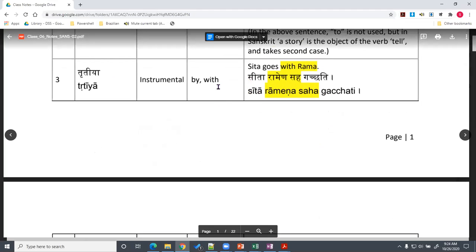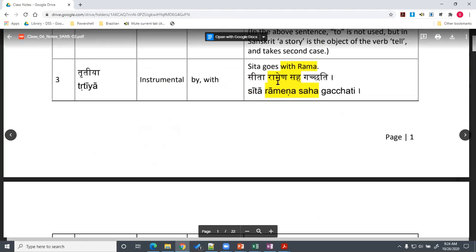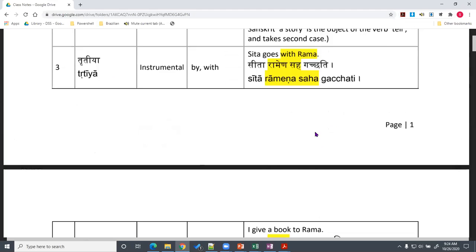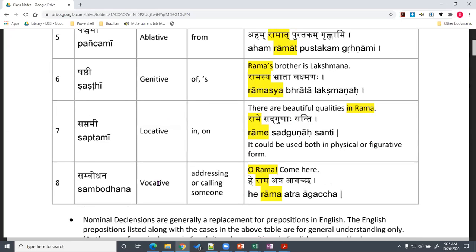Then the third case, instrumental, is used for by or with. Sita Ramena Saha Gachati. Then the fourth case is the dative. So these words are taken from linguistics. That's why they are not used in English a lot, like dative, ablative, genitive, locative.